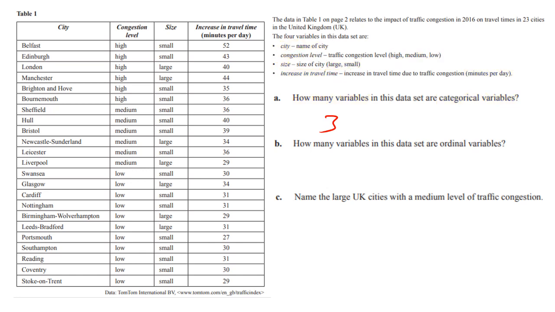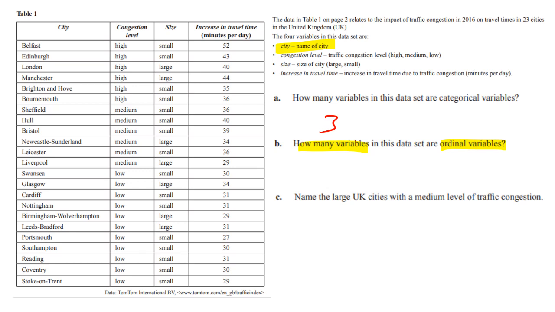Now, I think the next one says how many variables in this data set are ordinal, things you can put in order. Now, bizarrely, for name of the city, alphabetical order isn't actually a thing, so that might be a good thing to note in your mind.